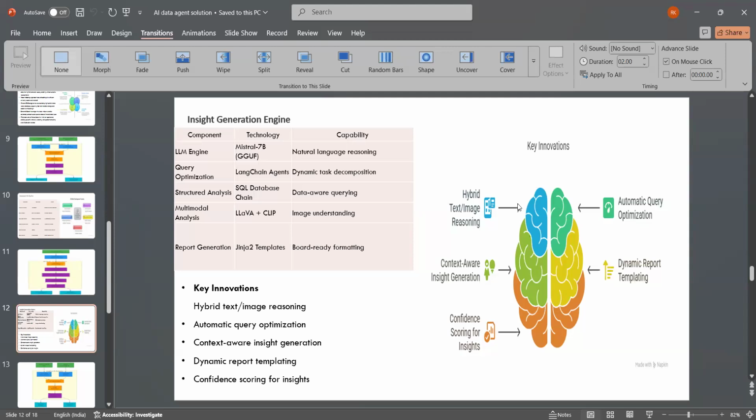Hybrid text-image combines visual and textual data, and automatic query optimization enhances search retrieval performance. Context-aware insight generation produces insights tailored to the data. Dynamic report templating automatically generates reports with adaptive formats, and confidence scoring assigns a reliability score to each insight.